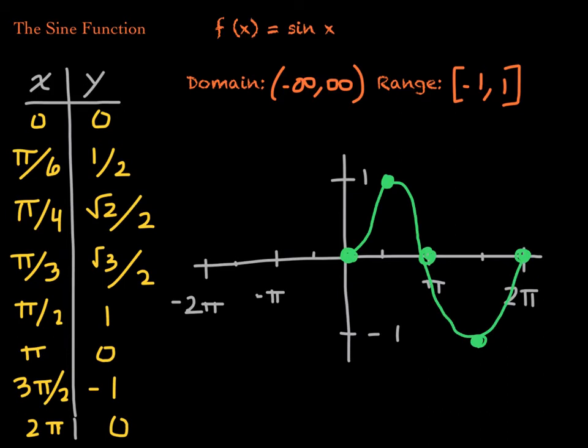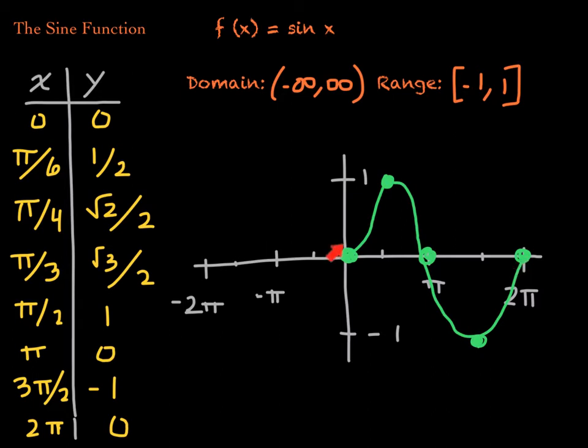Now, this is only one period. This is one period from 0 to 2 pi. You start at an x-intercept, you increase between 0 and pi over 2. And then after pi over 2, you start to decrease, right? You hit another x-intercept, and you decrease all the way until you get to 3 pi over 2, and you start to increase again.